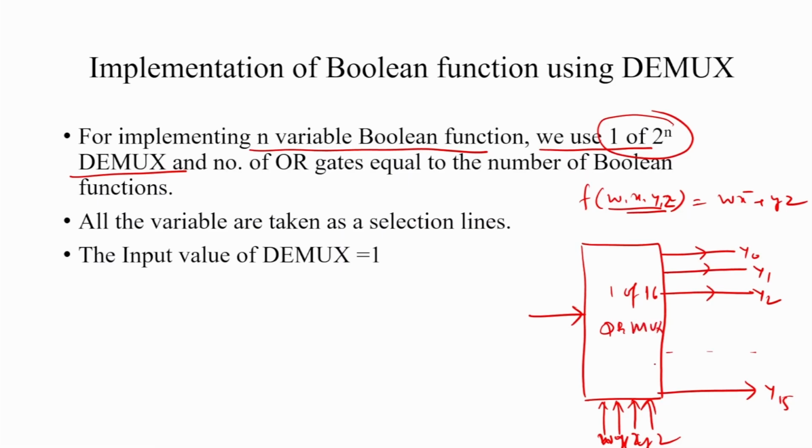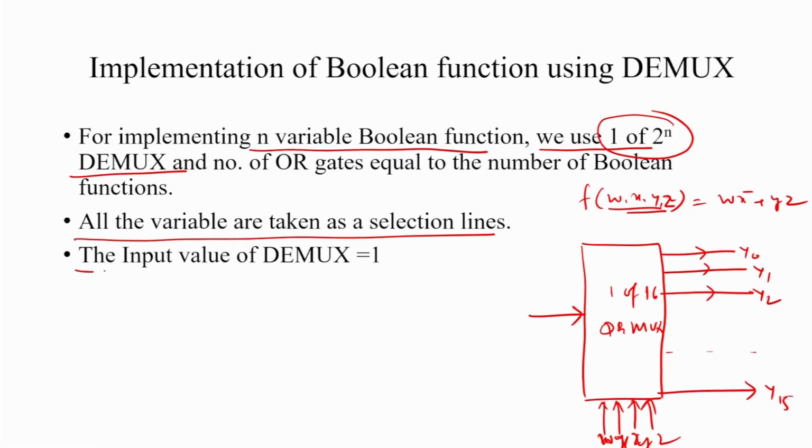In case of representing a 4 variable Boolean function, similarly for representing a 3 variable Boolean function, we simply take a demux of size 1 of 8. For representing a 5 variable Boolean function, we simply take a 1 of 32 demux, and so on. All the variables are taken as selection lines of the demultiplexer.